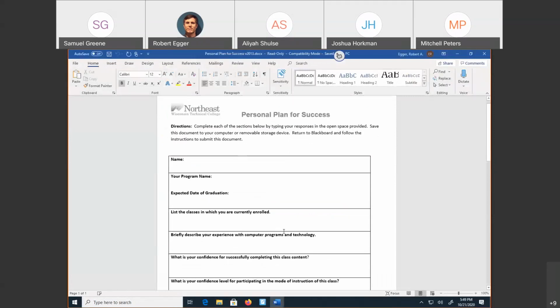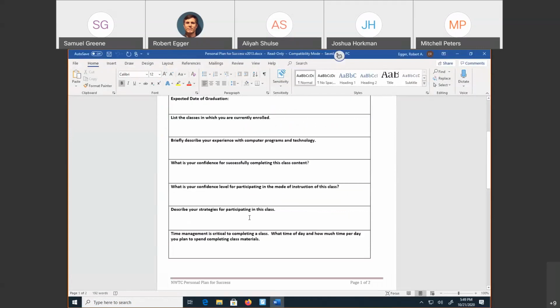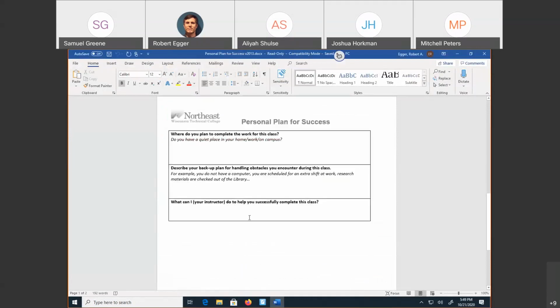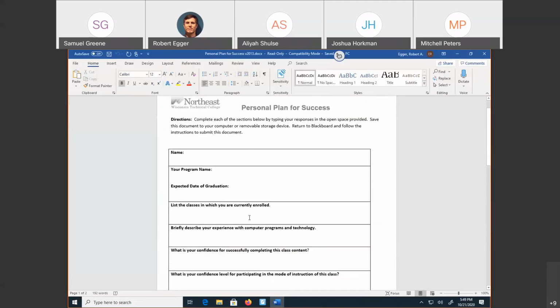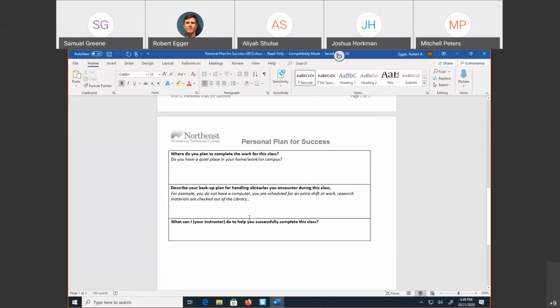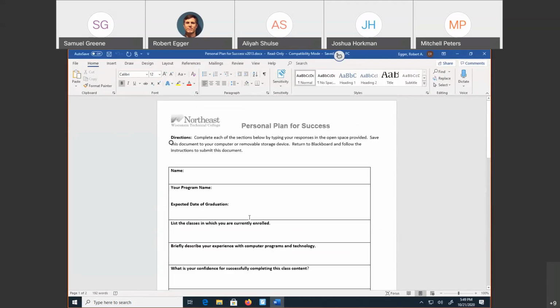You can type in it and fill it in honestly, and give it some consideration. It's 2 pages, a page and a half. And for being everything's dependent on the computer, this one's really more critical than typical. Backup plans for handling obstacles and technology capabilities, stuff like that. So that needs to be done.